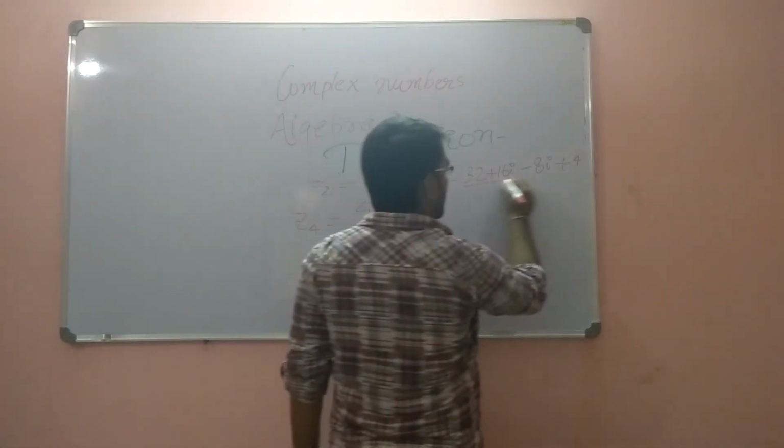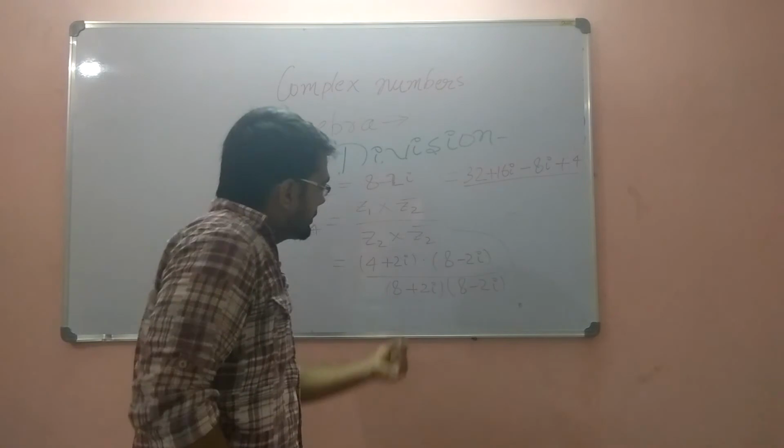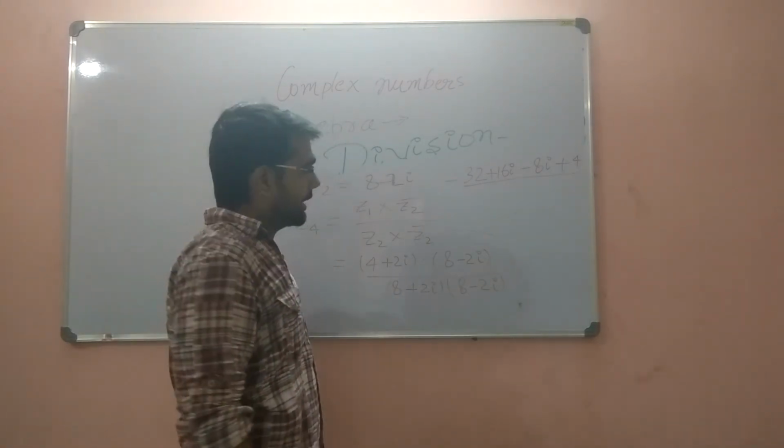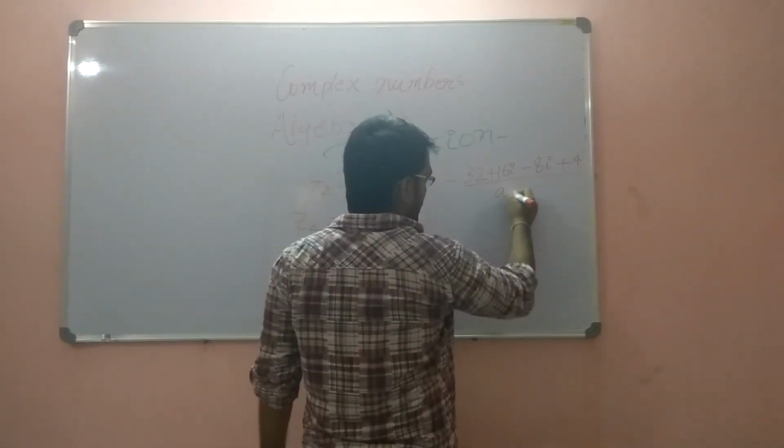Now divided by, this is similar to a plus b, a minus b, and we know it is a square plus b square.